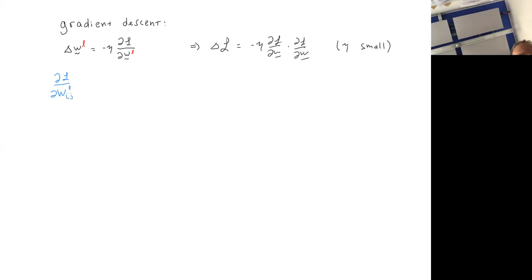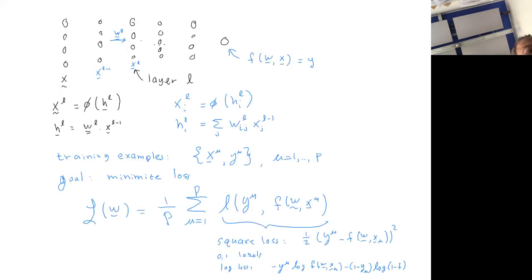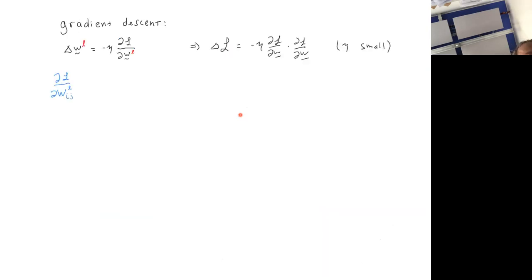And remember that h_i is a function of W_ij^L and x_j^(L-1). So this becomes partial of L with respect to h_i^L times x_j^(L-1).